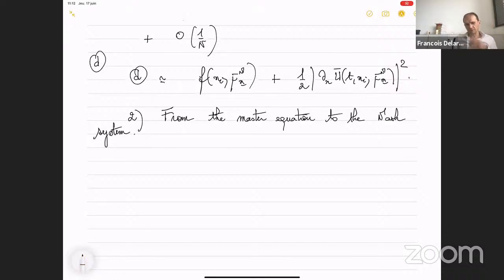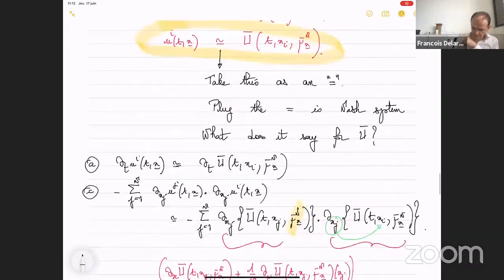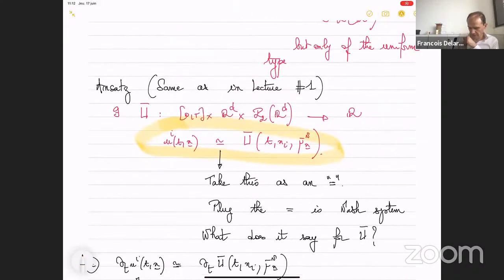So now I'm doing the converse because, in fact, I'm not able to have this approximation, the one I've just pointed out. So what I'm going to do is to do the converse. Instead of claiming that ui tx underline looks like some function u bar that, in fact, I don't know how to construct directly, I'm going to do the converse.